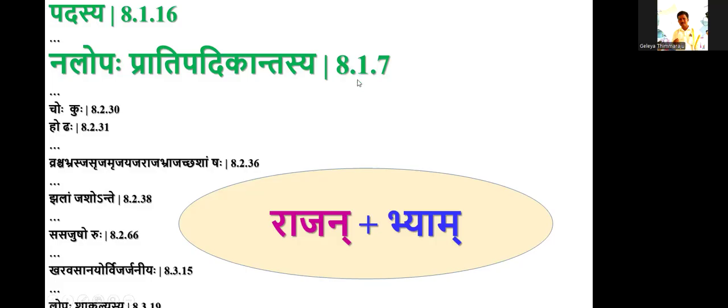By this sutra, the nakara at the end of a pada, the nakara of a pratipadikam, gets deleted. Nalopah Pratipadikantasya. So by that we have Raja Bhyam.